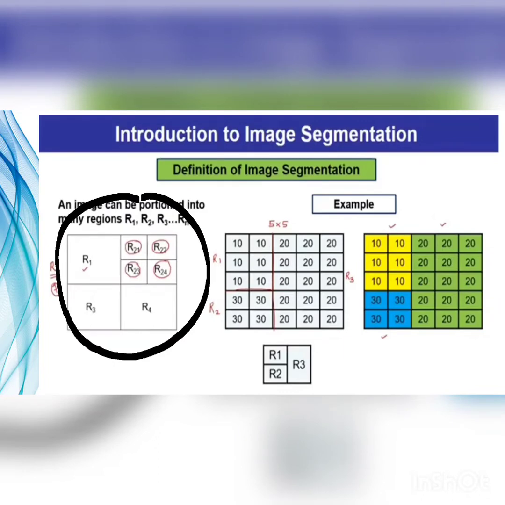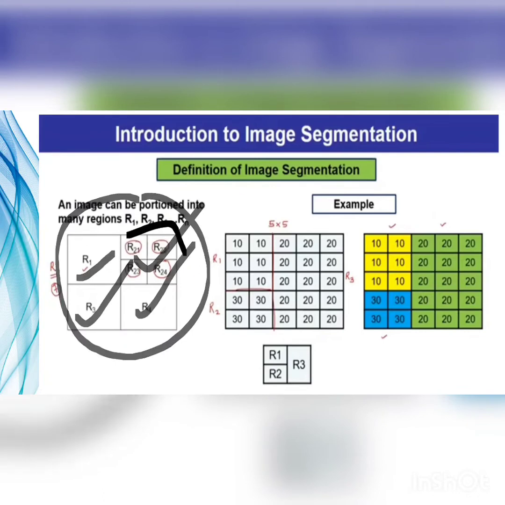So the whole image is called R, and its subdivisions or objects are called R1, R2, etc. Here R1 is one region, R3 is another region, R4 is another region, R2 is another region, and a region itself can contain subregions.